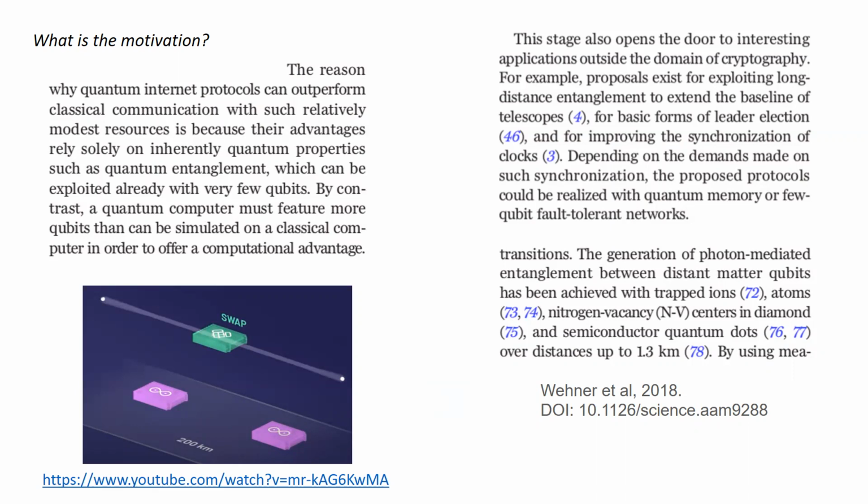So the point at which quantum computers need to be better is actually quite high, whereas because quantum communication relies on entanglement, which has no classical equivalent, the divergence from classical communication is actually quite early.